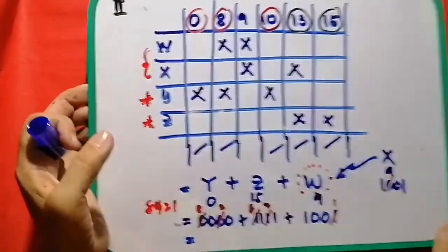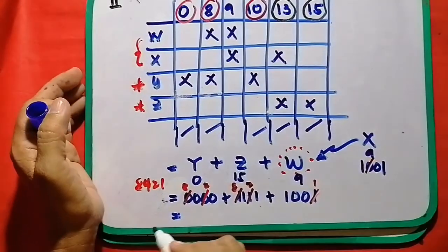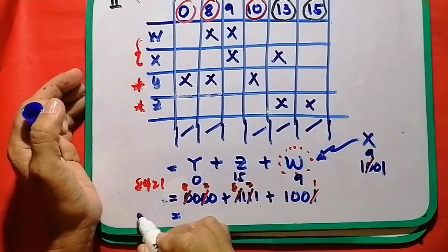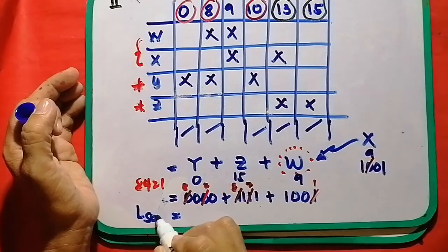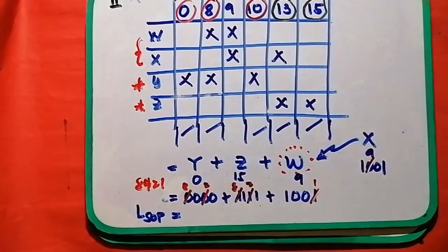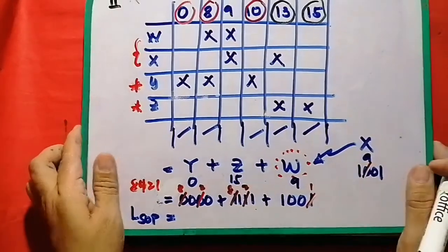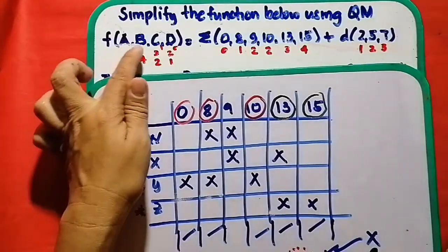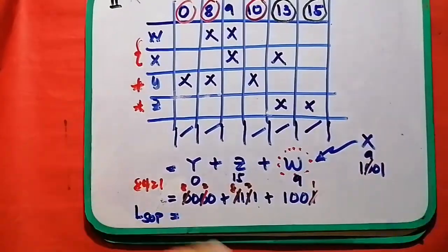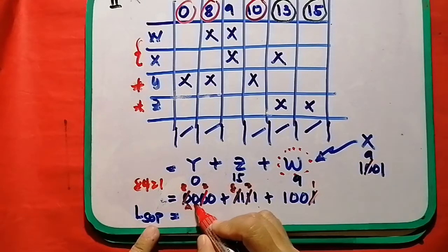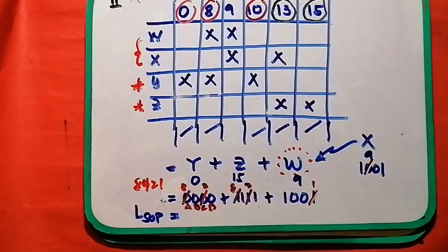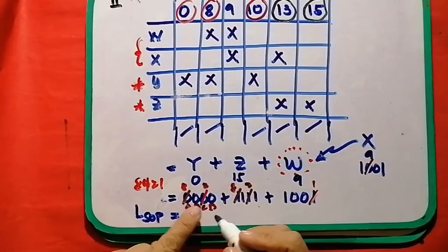So let's call this the SOP. Okay. So the literals we used are A, B, C, D. Okay. So this would be A, B, C, D. So therefore, this is cancel, cancel.